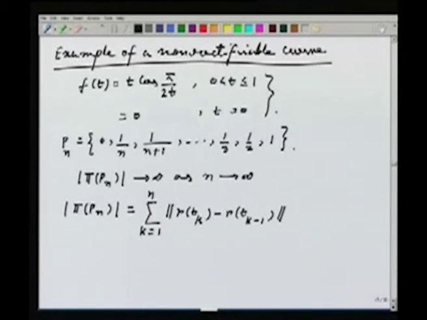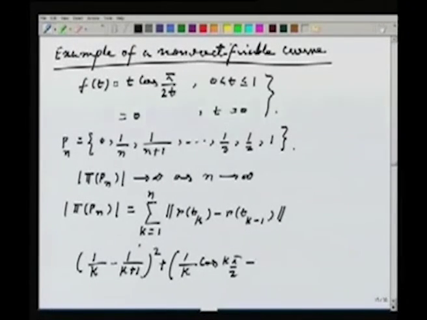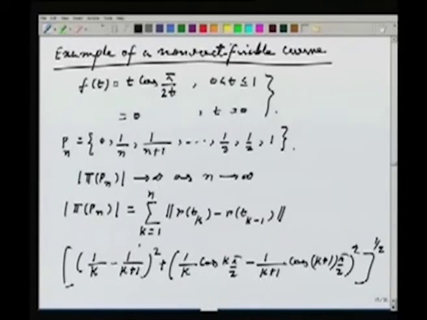If I write it in this form, all I have to do is look at quantities like the square root, that is the whole to the power half, of (1 by k minus 1 by k plus 1) whole square plus (1 by k cosine k pi by 2 minus 1 by k plus 1 cosine (k plus 1) pi by 2) square, and then sum over k's for one partition P. Okay, k will vary from 1 to n or some such thing.